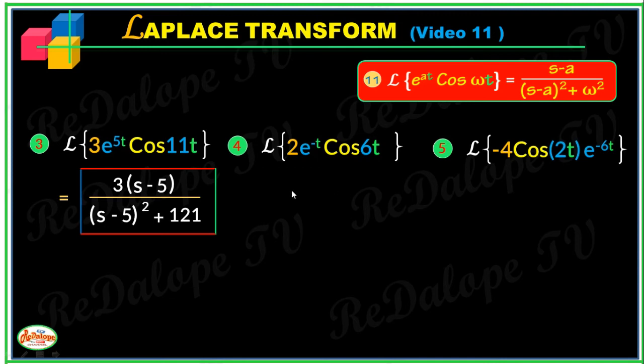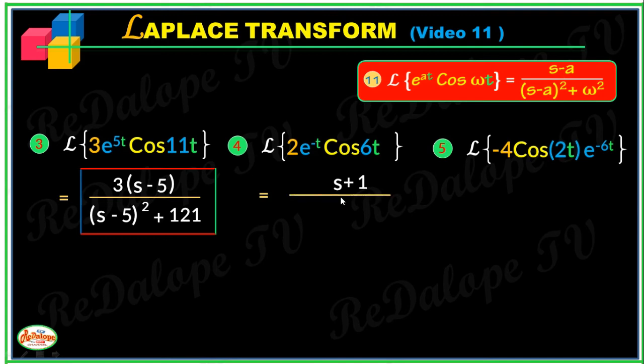Let's work on problems number 4 and 5. Again, this is s, and then copy the minus sign. A here is simply negative 1. Since a is negative 1, multiplied by the negative sign, that becomes positive 1.